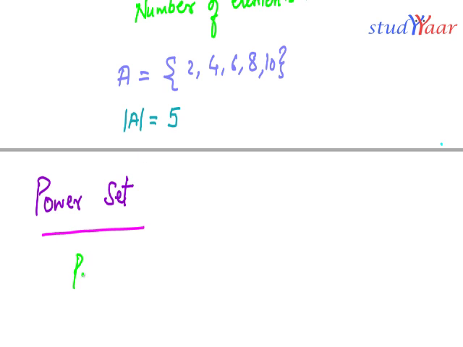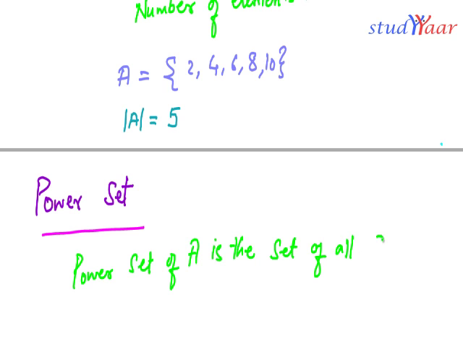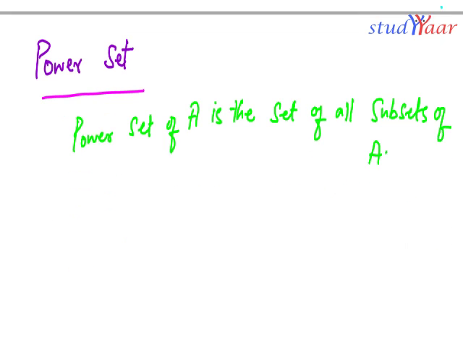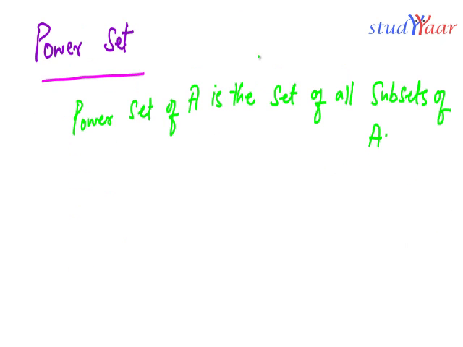We say the power set of A is the set of all subsets of A. Set of all subsets of A. So let us see what we mean by this. Let us suppose that my A is equal to {1, 2, 3}.